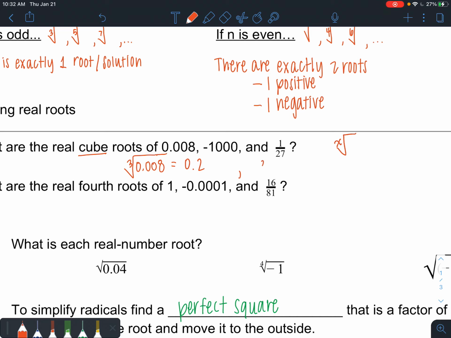So to take the cube root of negative 1,000, I'm going to type in my calculator 3, and then that x square root symbol and then it's going to give me a parenthesis. I'm going to put negative 1,000 and close that parenthesis.